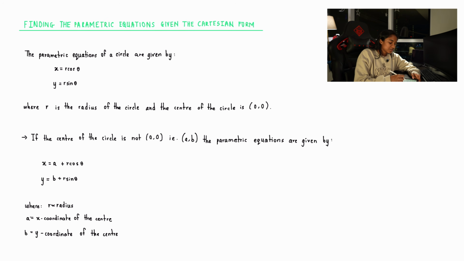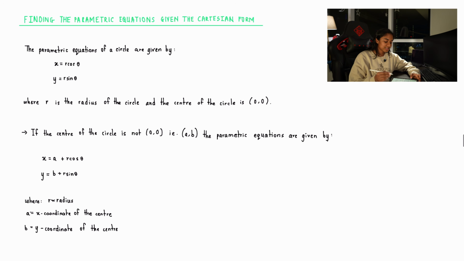So the parametric equations of a circle are given by these two. x is equal to r cos theta and y is equal to r sin theta, where r is the radius of the circle and the center of the circle is 0, 0. However, if the center of the circle is not 0, 0, that is (a, b), the parametric equations are given by this instead. x is equal to a plus r cos theta and y is equal to b plus r sin theta.